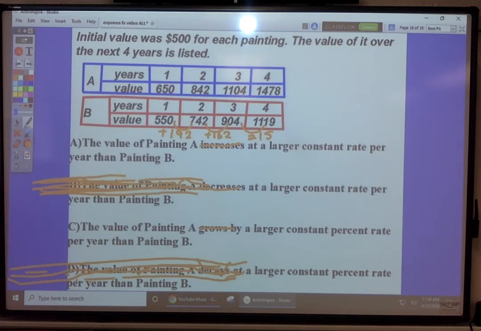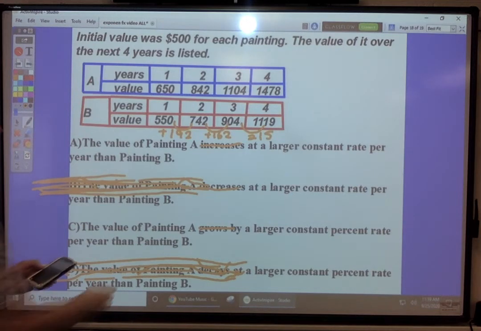So now if we divide them, we'll see if we get a more consistent number. So again, 742 divided by 550, we get 1.35.